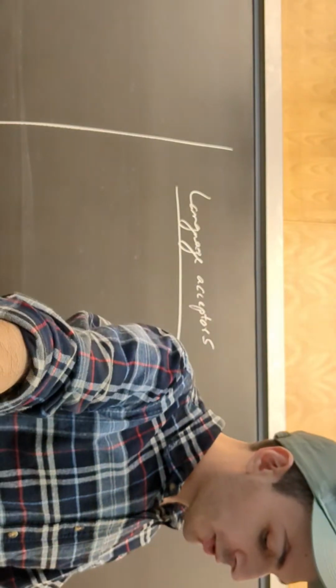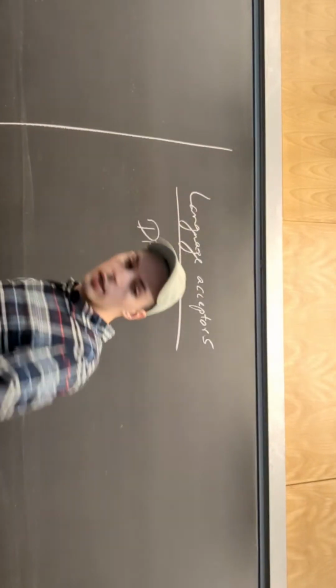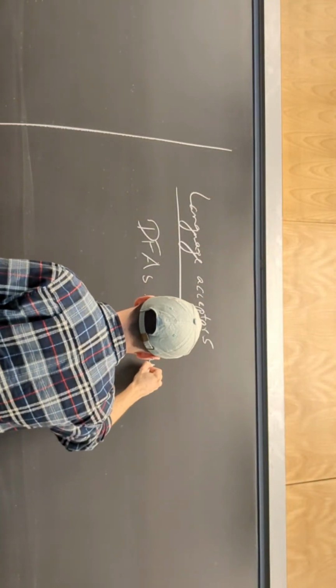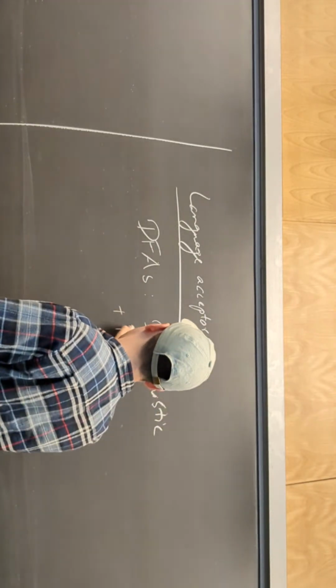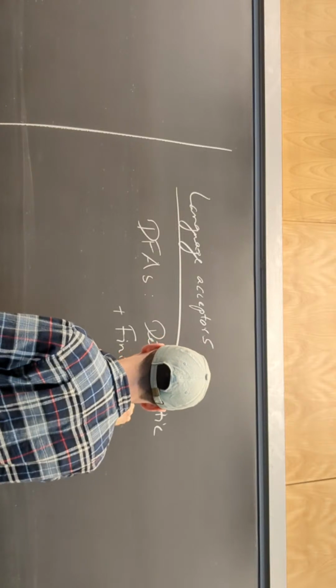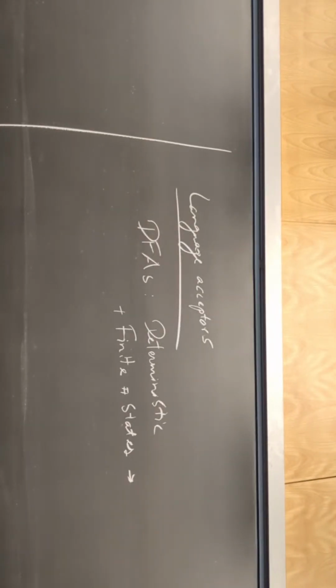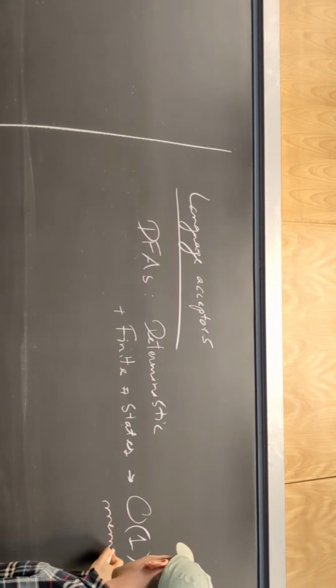So that's why we've been talking about language acceptors, and the first language acceptor we've seen are DFAs, right? DFAs are, like I said, very simple models of computation because they're deterministic, and they also have a finite number of states, which really, if you've taken something like COMP 250 where you look at big O notation, just means that you can more or less use O(1) amount of memory.